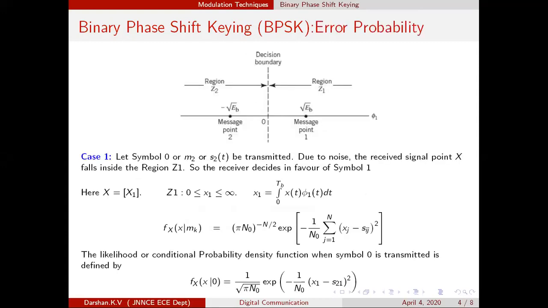Okay, so let me come to the concept of error probability. Don't worry about these equations, this could be easily understood. First try to recall this diagram, the same thing you have just understood, region Z1 and region Z2. This entire region Z1 belongs to symbol 1.